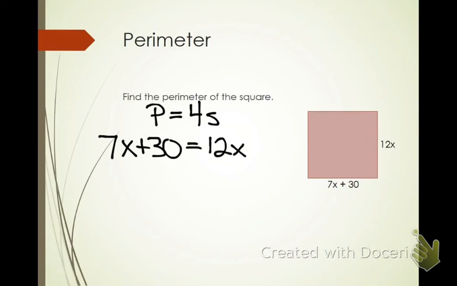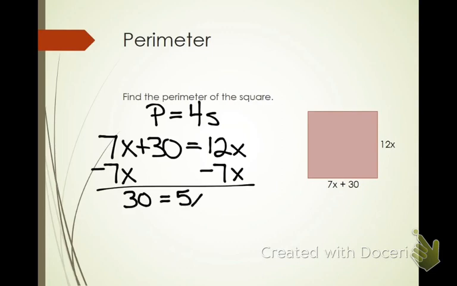I just set up an equation and I can solve for x. Go ahead and solve for x. So subtract 7x from both sides. 30 equals 5x. Divide both sides by 5, and x equals 6.